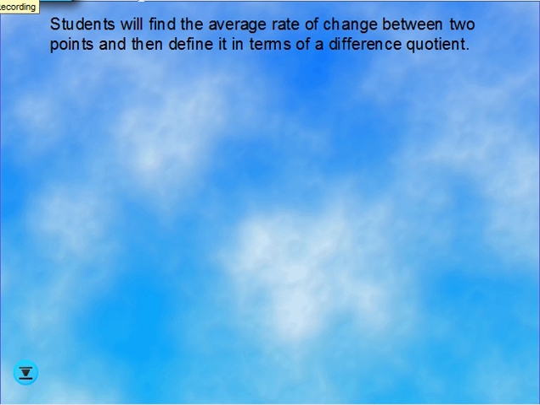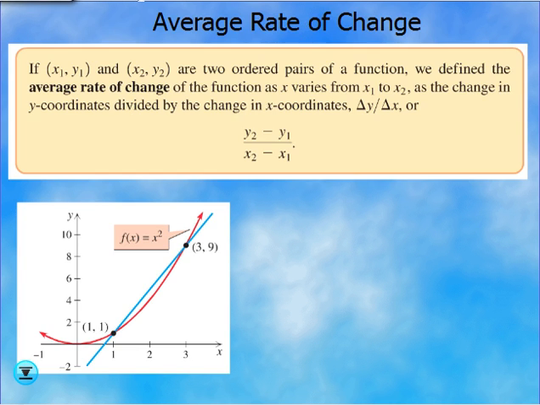Next objective, students will find the average rate of change between 2 points and then define it in terms of a difference quotient. Average rate of change. And here's your definition for an average rate of change. This definition hopefully will look somewhat familiar.